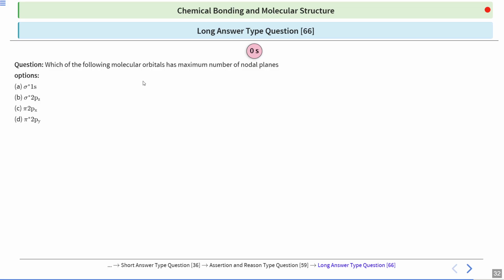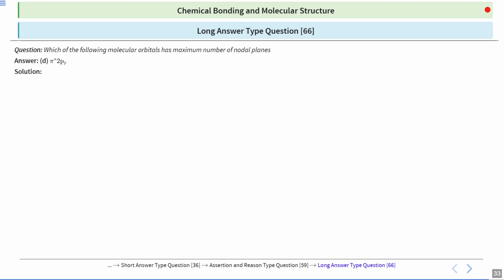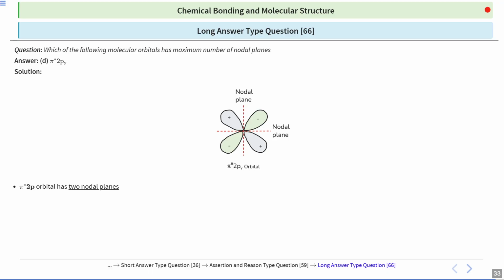If you look at the electronic structure of all these orbitals, you will clearly see that pi star 2py will have the maximum number of nodal planes. It has two nodal planes.